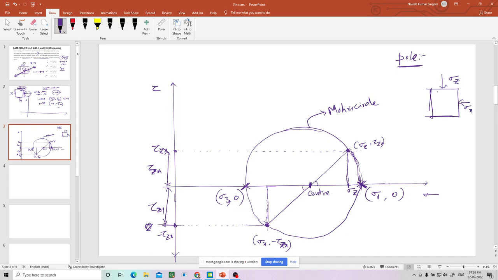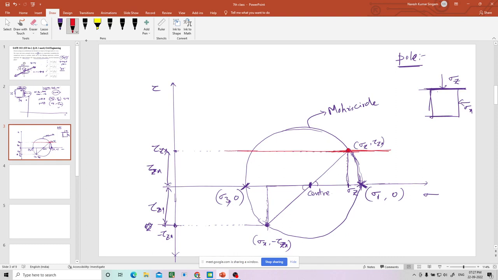Taking this sigma z, on which plane is it acting? Sigma z is acting on the horizontal plane, right? So I will draw one horizontal line through this point. Okay, so I am drawing a horizontal line through this point.